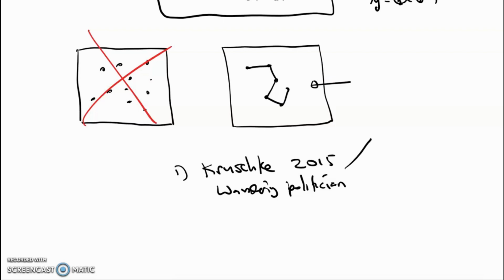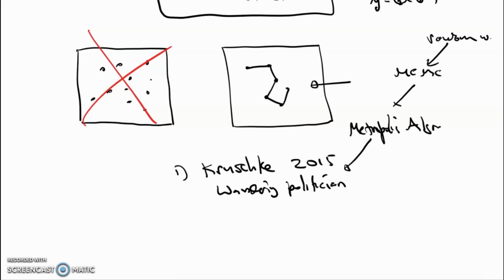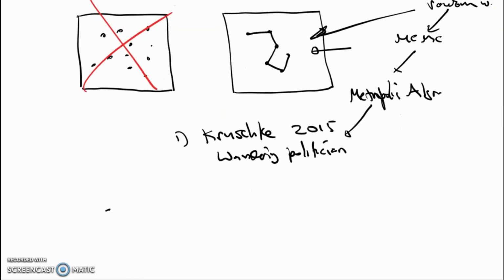And the wandering politician discovers what's known as the Metropolis algorithm, which is just a particular type of Markov Chain Monte Carlo sampling, which is just a particular type of random walk. In section 5, the appendix will demonstrate the mathematics that underlies the wandering politician.